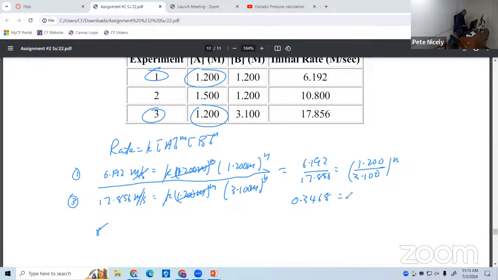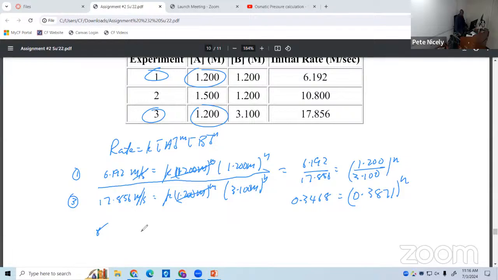And then the other part is 1.2 divided by 3.1, and this is going to be equal to 0.3871, raised to the N. Let me just check this again. 6.192 divided by 17.856. Okay, so it looks like in this case N is going to be equal to 1.